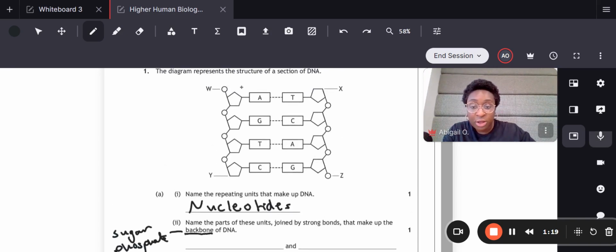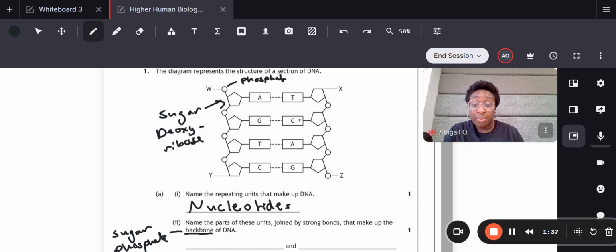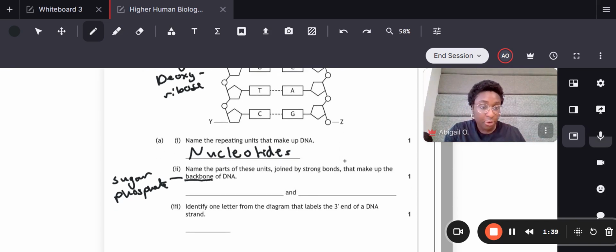So this little circle here, this is our phosphate unit, and the pentagon here would be our sugar. If you want to be extra brainy, you could say it's a deoxyribose sugar. It's the name of the sugar there. But for this mark, saying sugar and phosphate is totally fine. That would absolutely get you the mark.